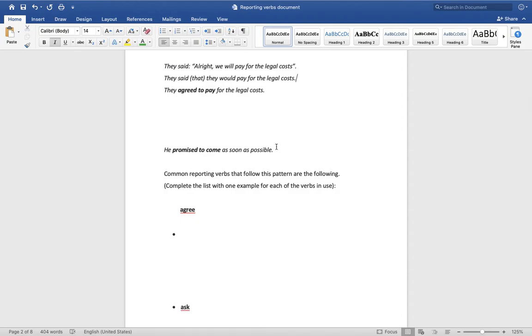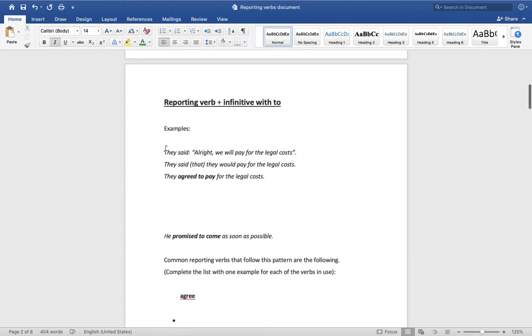So another example, moving on. He promised to come as soon as possible. Él prometió venir tan pronto como le fuera posible, right? That would be okay. And of course, before I forget, just bear in mind we are following this pattern. Reporting verb, and then infinitive with to.